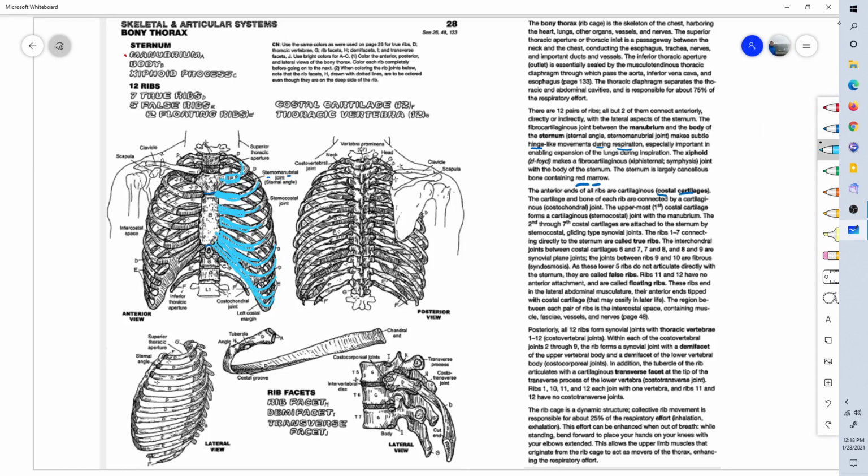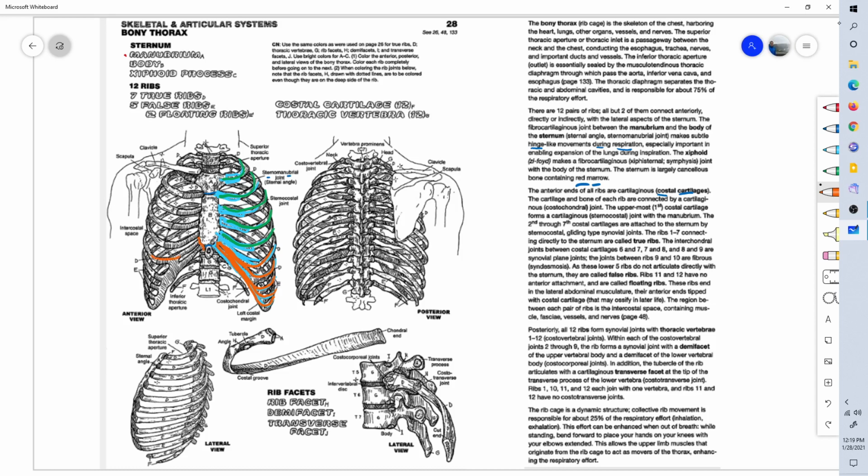But these ribs up here that have direct connections are called true ribs, while the ribs lower that share this cartilage are called false ribs, because they don't share a direct connection. They have to share this cartilage with one another to make a connection to the bottom of the sternum right here.